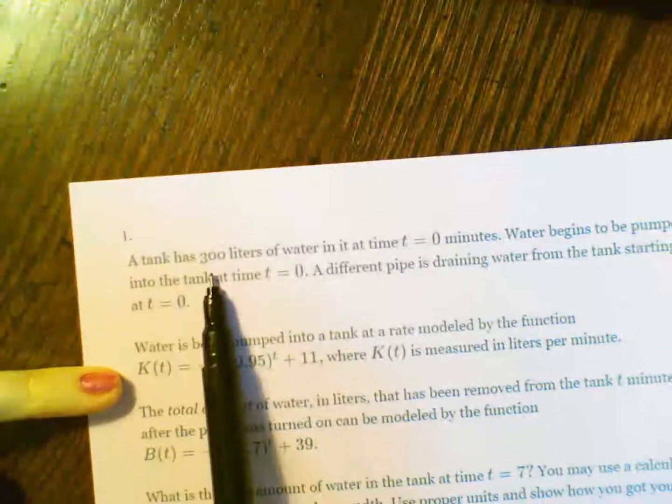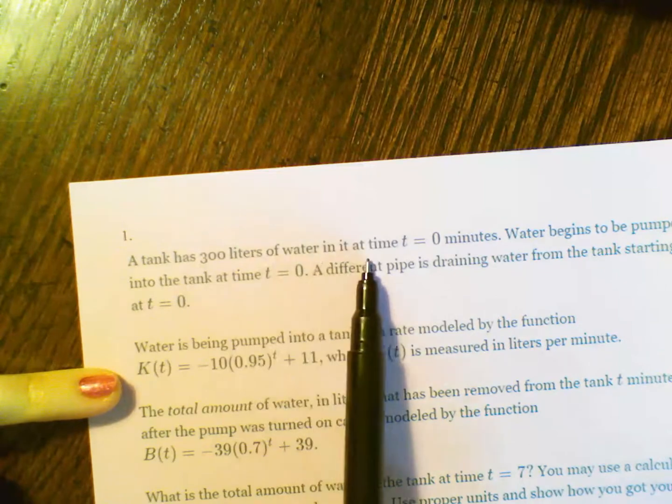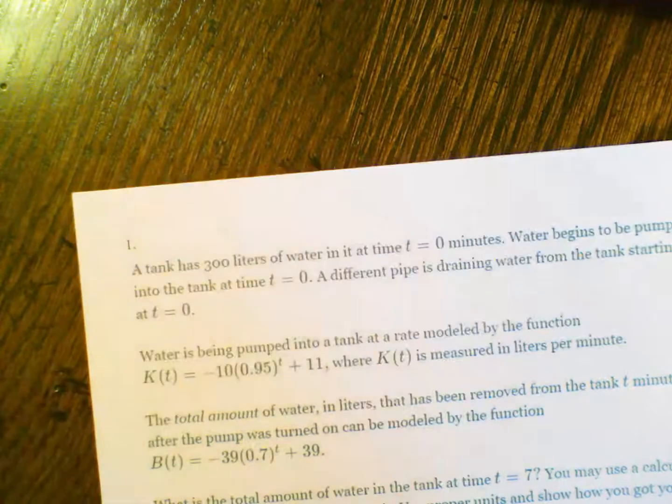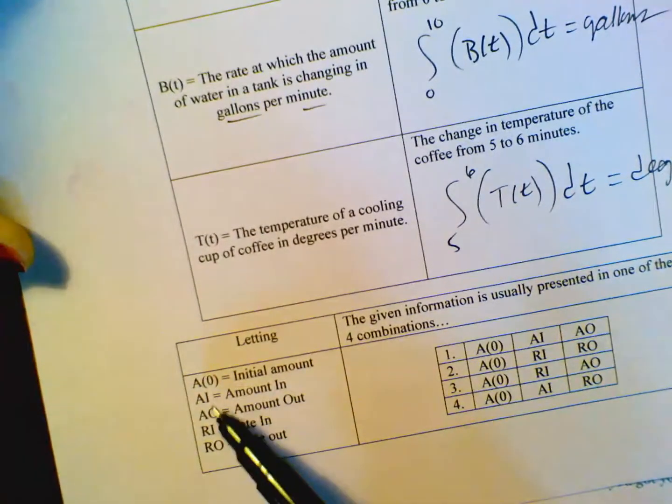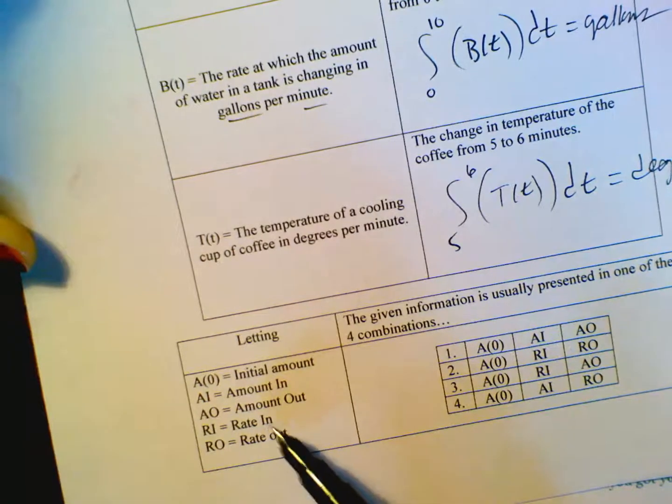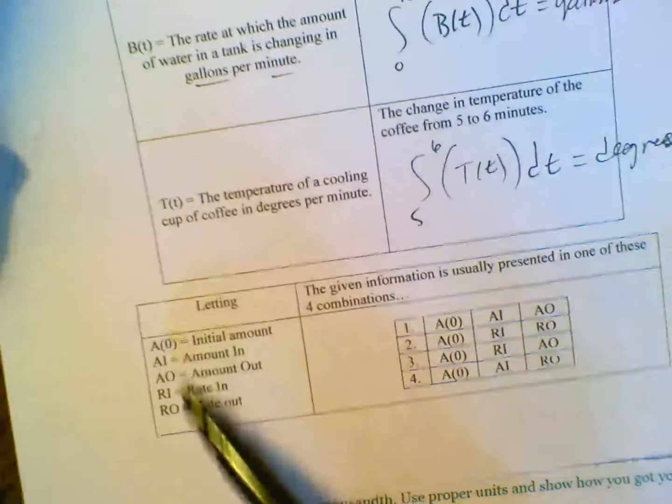Alrighty. So a tank has 300 liters of water in it at time t equals 0 minutes. And guys, as you're reading these, you want to be labeling. If you come across an initial amount, an amount in, out, a rate in, or a rate out, you want to label it as one of these things.